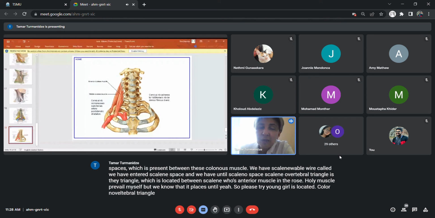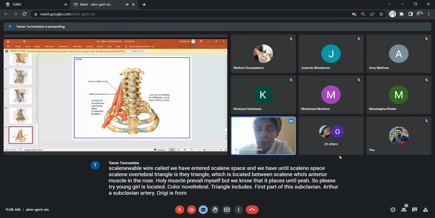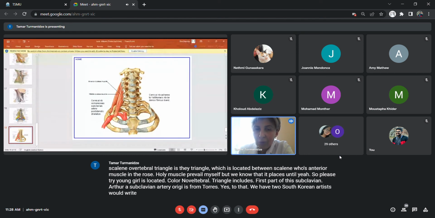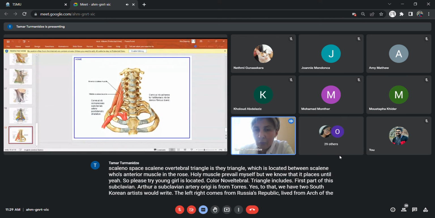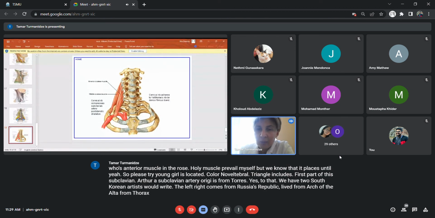The scalenovertebral triangle includes the first part of the subclavian artery. The subclavian artery originates from the thorax. We have two subclavian arteries, right and left. The right comes from the brachiocephalic trunk, the left from the arch of the aorta.